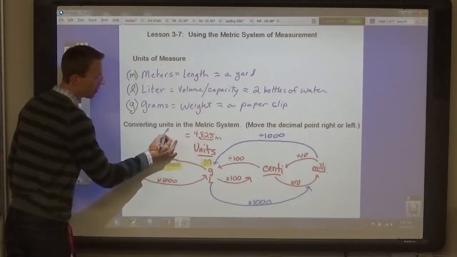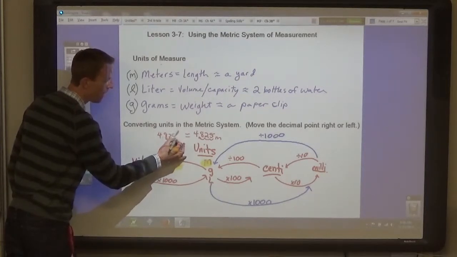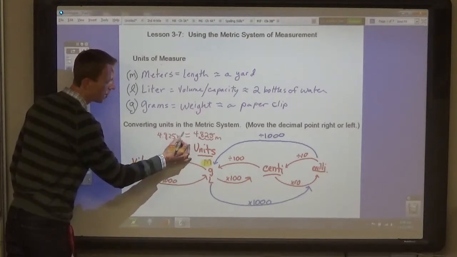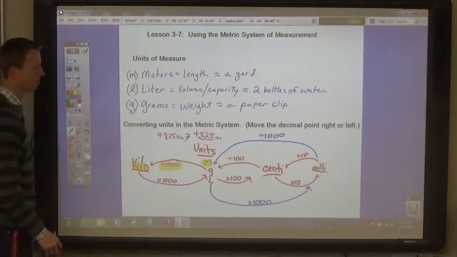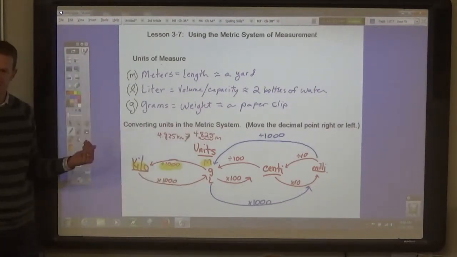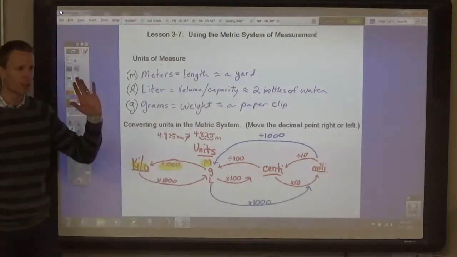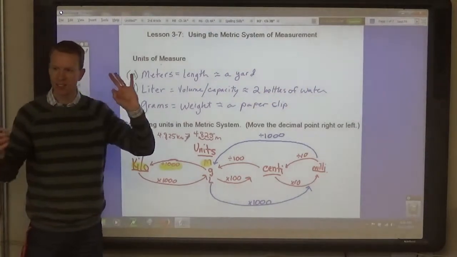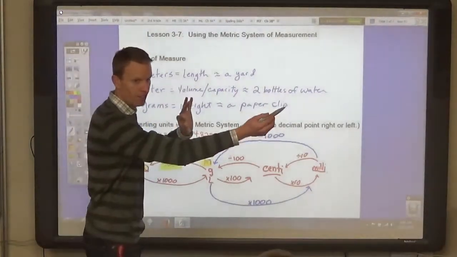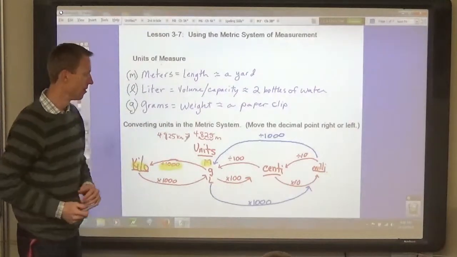So that is 4.825 kilometers. Dividing by 1,000 means moving it 3 places to the left. If you're multiplying by 1,000, you move the decimal place 3 places to the right. You're going to make the number bigger.